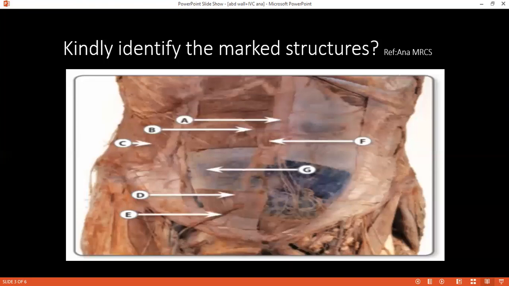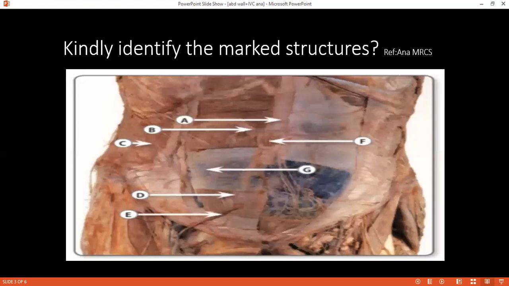Now focus on three muscles. Tell me the direction of the fibers of internal oblique, external oblique, and transverse abdominis at the level of the umbilicus.